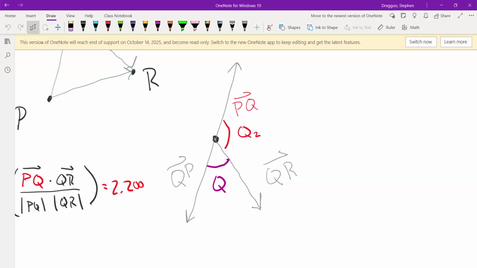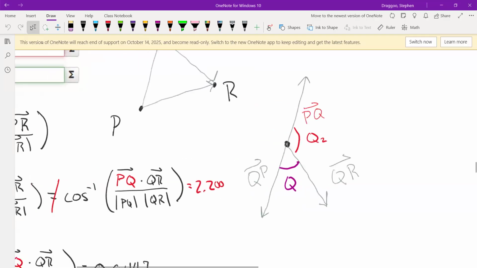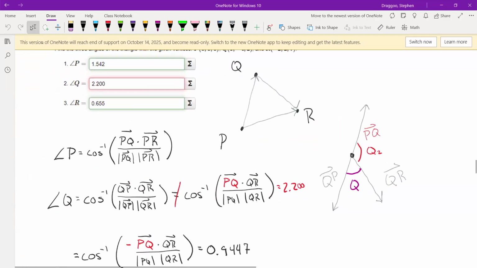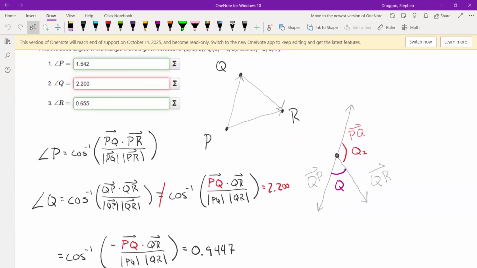But if I don't do that, and instead use PQ and QR, their initial point is different, so I'm calculating a different angle. That angle Q2 is what I would get instead, which means I just end up with the supplement of the correct answer if I don't change my vectors around.